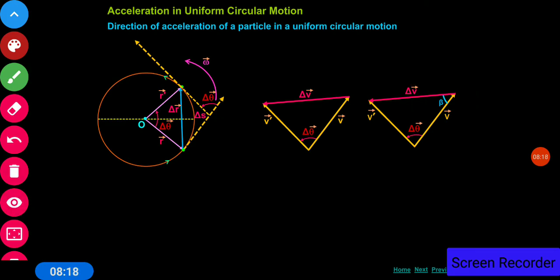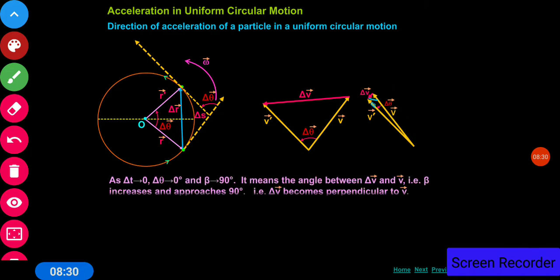See it. When del v is reduced, then the value of beta is increased. When del v is further reduced, beta is changing. Del v is reduced and reduced, then del v becomes perpendicular to the velocity vector.